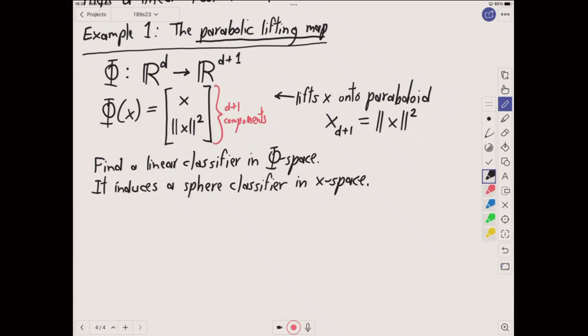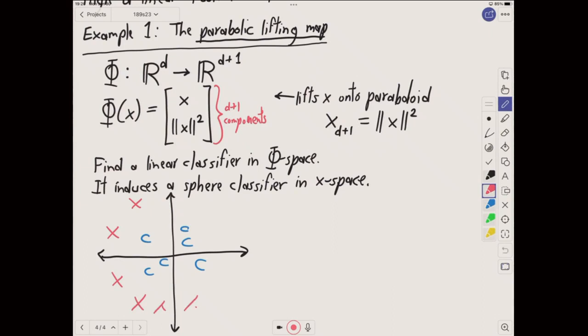So let's see visually how that works. I have, let's say, a two-dimensional set of training points, and some of them are class C, and some of them are class X. This example, well, they're not linearly separable, obviously.